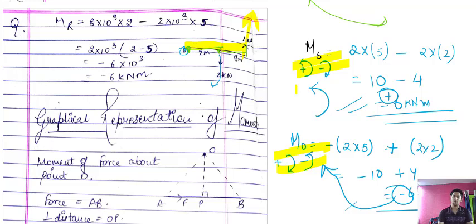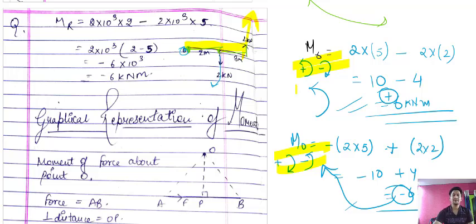If you have assumed clockwise positive, then the resultant moment will also be in clockwise direction. If you assume the anti-clockwise direction as positive and your answer is positive, then the resultant moment will be in anti-clockwise direction. So it depends upon you.